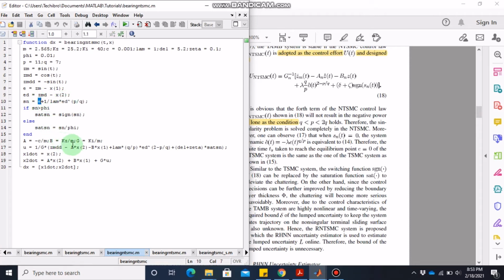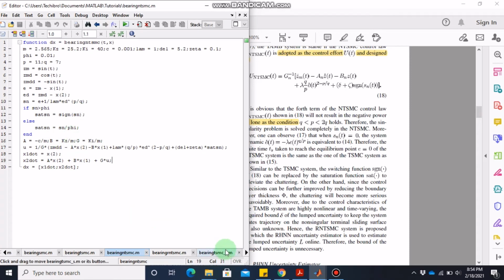And in the control law, this fourth term is different compared to the terminal sliding mode control, where the raised power is for the error, and the derivative of error has no raised power, it's like raised to the power 1. These are the same dynamics of the system. I have not included any uncertainty.